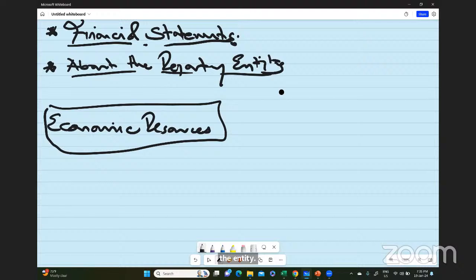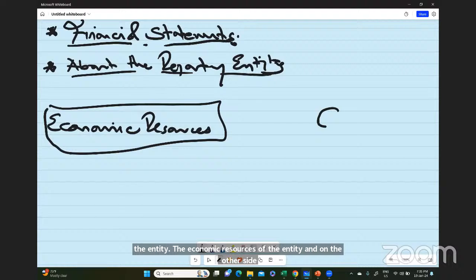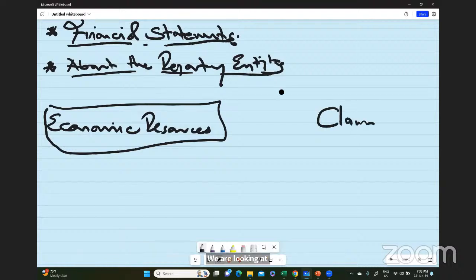And on the other side, we are looking at claims, isn't it so? Claims against the assets of the entity.